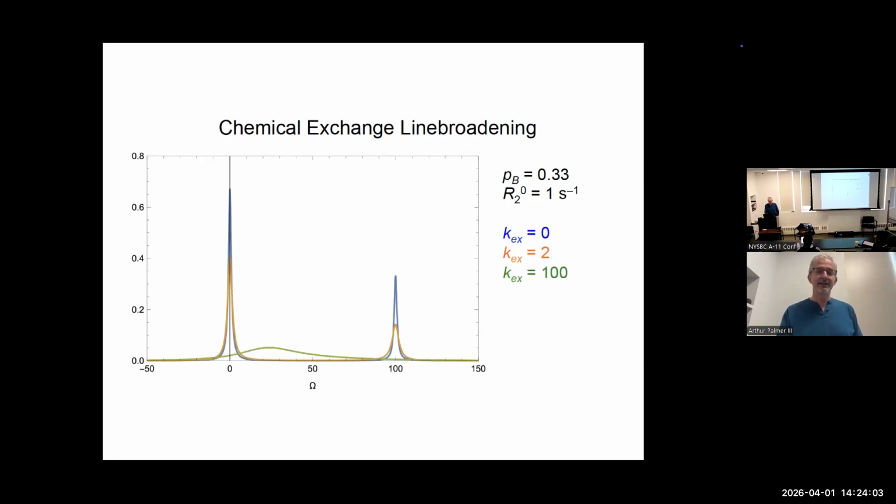Well, eventually, as we make the exchange rate larger, the peaks start to shift a little bit, but then they merge and become very broad. This is called coalescence or intermediate exchange. Mostly when this happens, the peaks are gone, you just can't find them. Then you have to play around with conditions to get them to come back, maybe changing the temperature or some other condition.